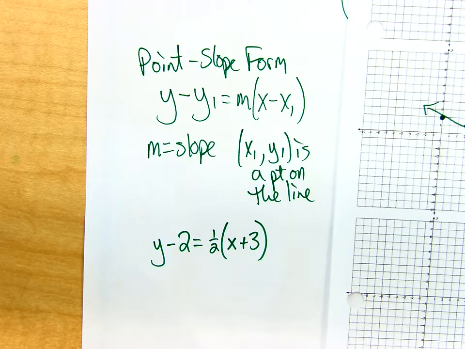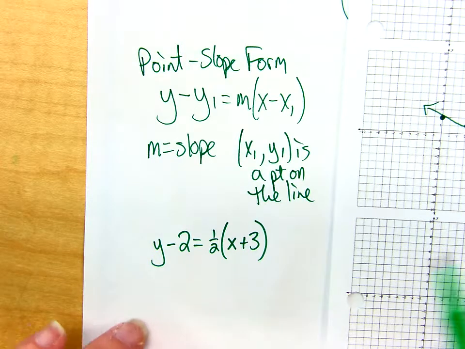You'd have to distribute the 1/2, you'd have to add the 2 to the other side. Oh my gosh. Can you do it? Sure. But why would you when there's such an easier way? You can just extract those two pieces of information out of here, and that's enough. That's all you need to graph this.